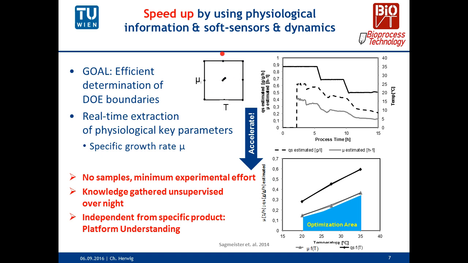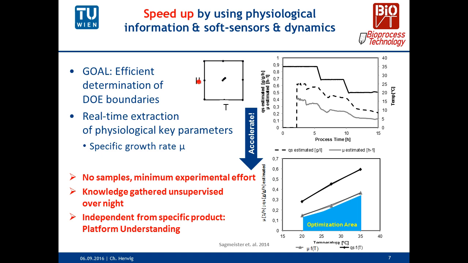This is a typical design of experiment, a DoE, which you need to run in bioprocess development. You all know that at low temperatures, probably the specific growth rates may be lower. So at which levels can you actually run, what is the maximum specific growth rate?